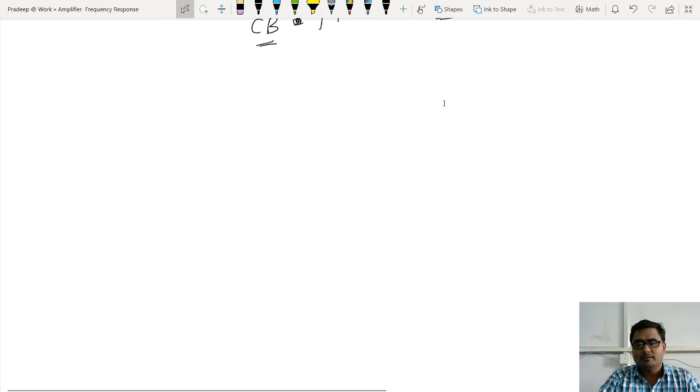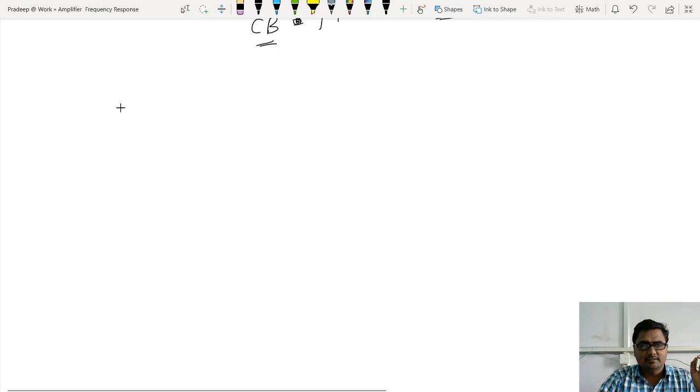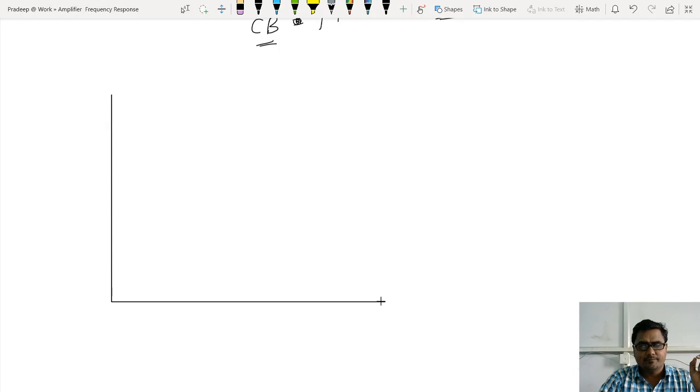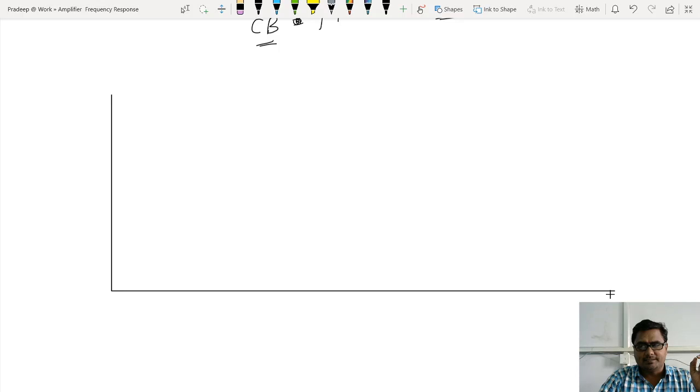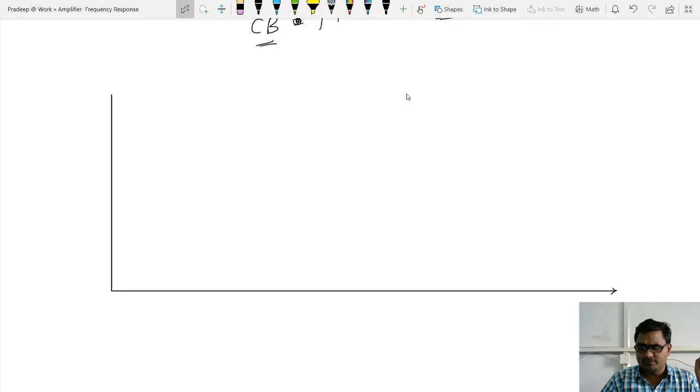So let me take a graph, an XY plot. On the x-axis, obviously there is frequency, and on the y-axis there is the short circuit current gain.